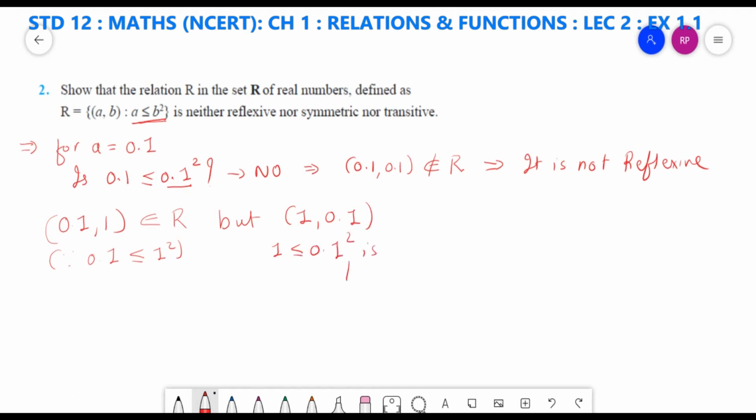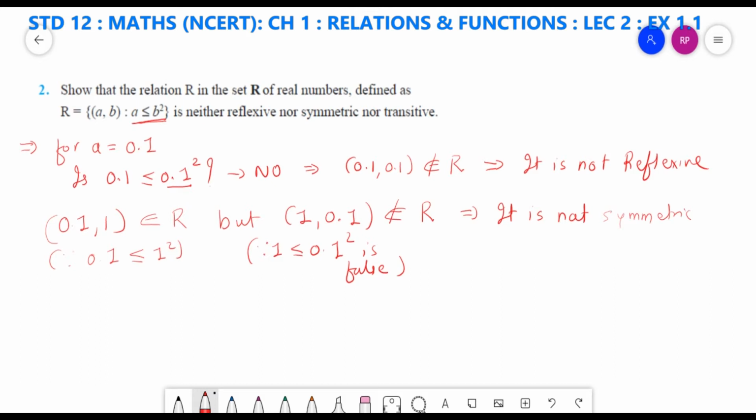No, so this is false. As this is false, the ordered pair (1, 0.1) does not belong to R. See, (0.1, 1) belongs to R, but (1, 0.1) does not belong to R. So this implies that it is not symmetric. Clear?